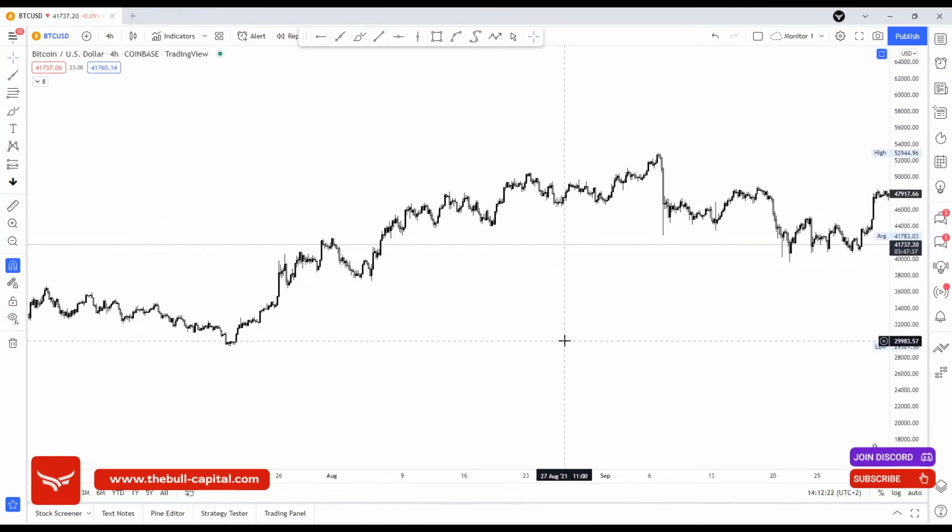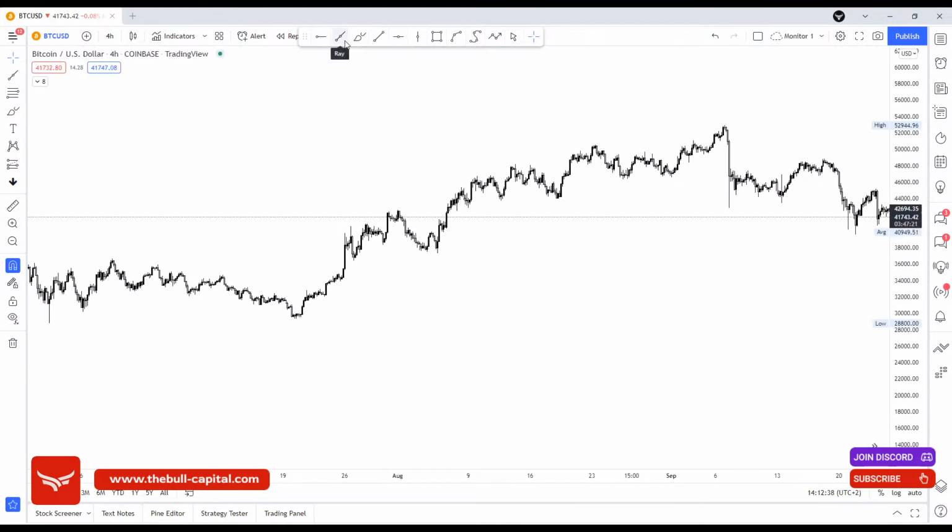So I am on BTC 4 hours, and a trend gives us a direction of the market, if it goes up or if it goes down. For example, here it formed an uptrend. We take the ray tool with the magnet on, and we have to take the lowest bullish candle as a starting point.